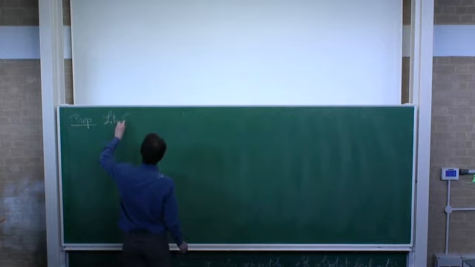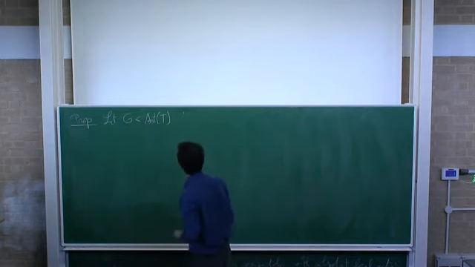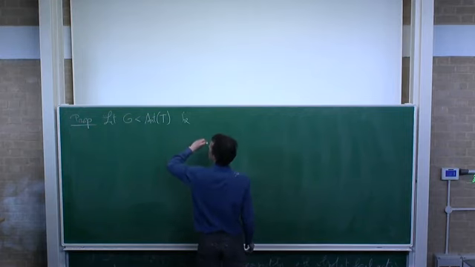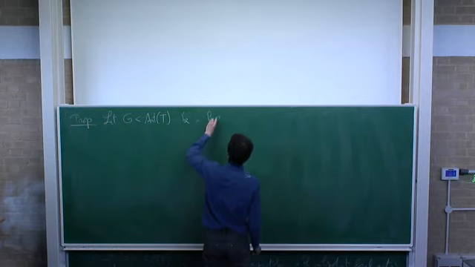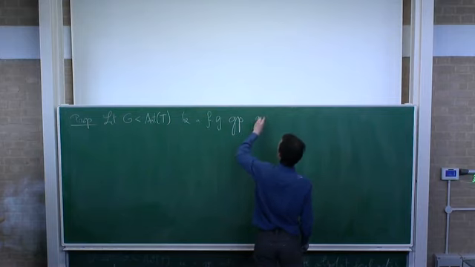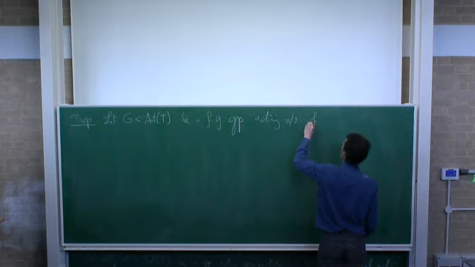Let G act on the tree, a finitely generated group acting without fixed points.